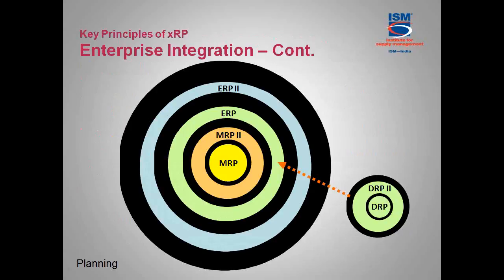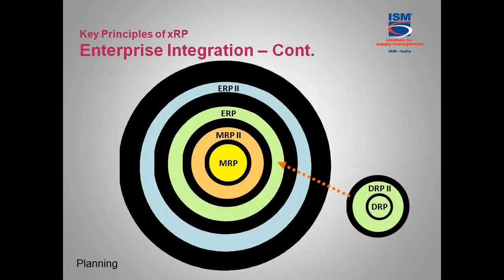So people talked about how to integrate the entire enterprise, and then came another concept called ERP. ERP integrated all the departments in one enterprise together, and then you get the complete report at one location.